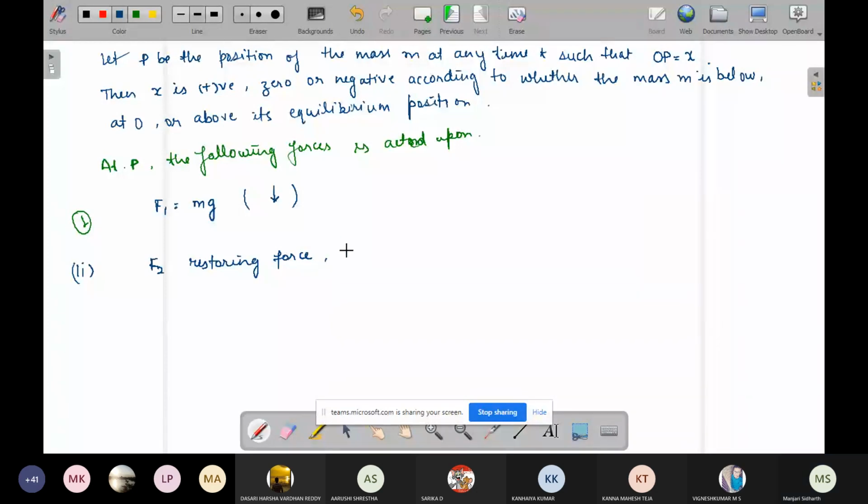So when the mass is at position P, F2 is acting in the upward direction. Okay, so it is negative.